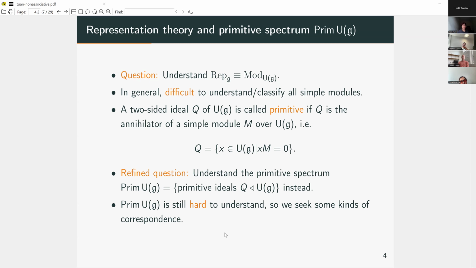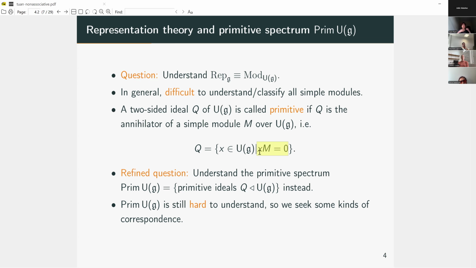A two-sided ideal Q of U(g) is primitive if Q is the annihilator of a simple module M over U(g). In other words, Q is the collection of x in U(g) such that x kills M, where M is simple.